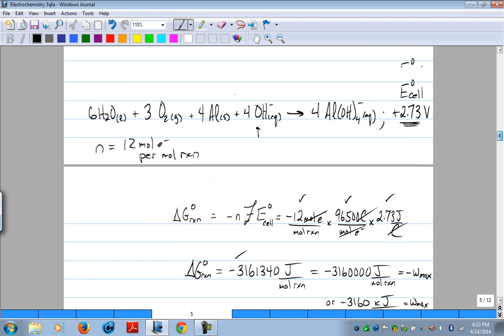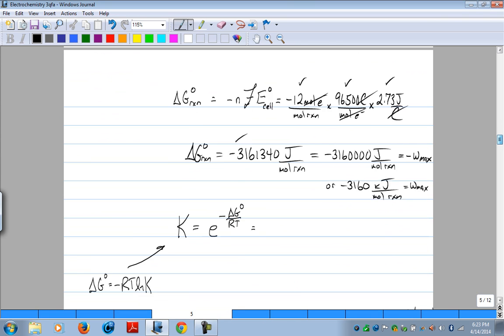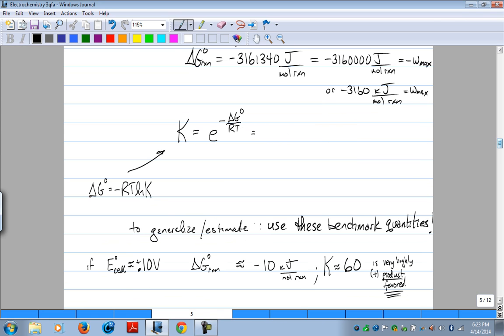And what is a mole of reaction here? 3 moles of oxygen. Oxygen is 32 grams per mole, so about 100 grams of oxygen consumed by the aluminum could get you over around 3.2 million joules of work from that battery or cell.